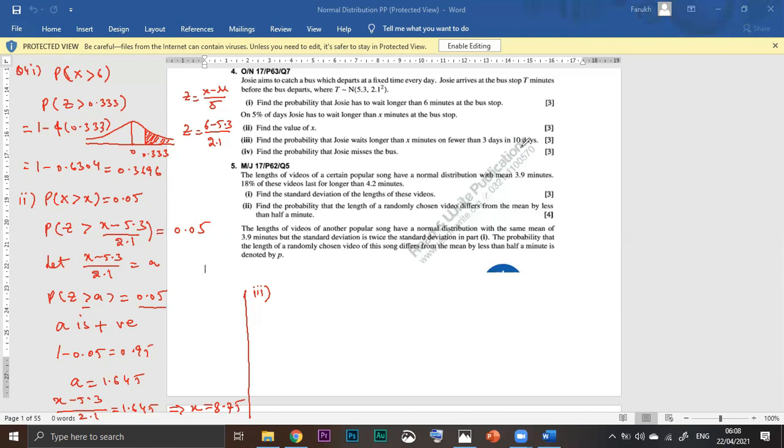So this one is a binomial distribution in which the total number of experiments is 10 and the probability that it will take longer than x minutes is 0.05.